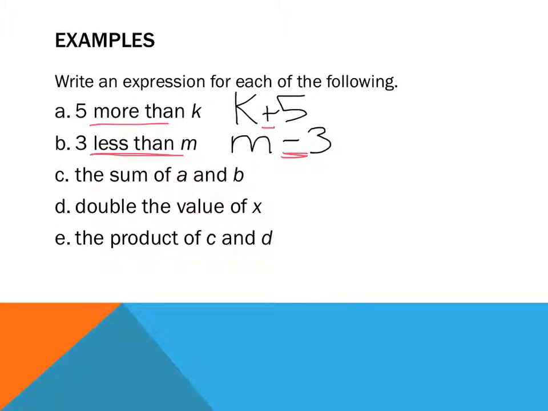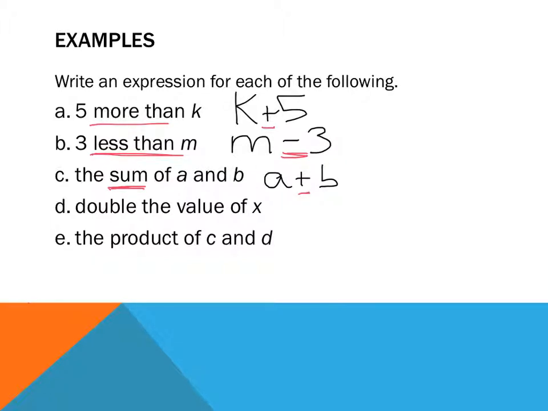The sum of A and B. This word sum, what does sum mean? When I sum something, sum means addition. So I'm going to have A plus B. Sum means addition.